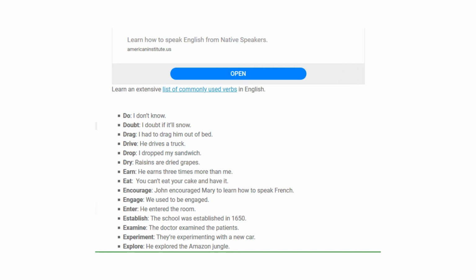So, we have here a list of commonly used verbs in English.